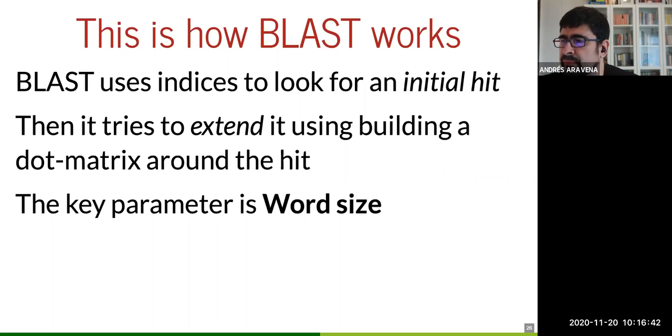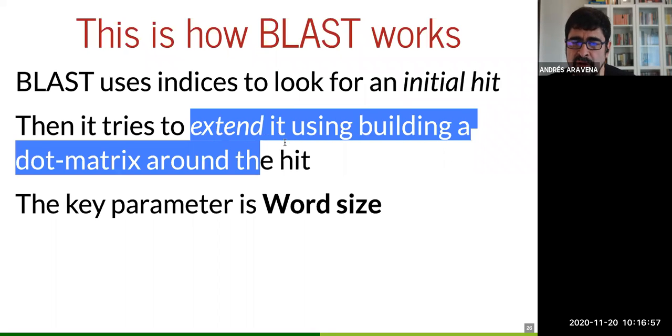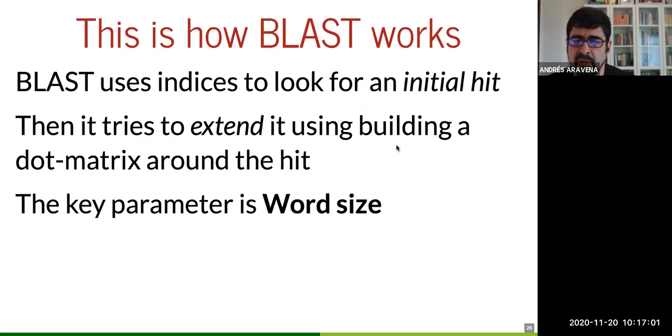Now, in and inter are more similar in the sense that you need 3 gaps between in and inter, and in international, you need more gaps. But that is again an extension question. It's not an index question. The index only finds the perfect match. Later you can extend, but the index only finds the perfect match.